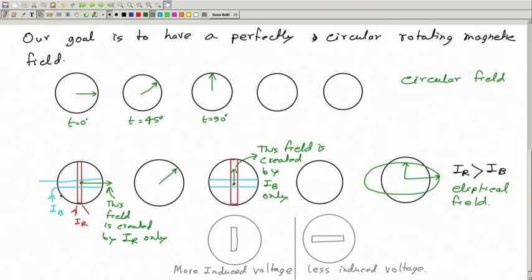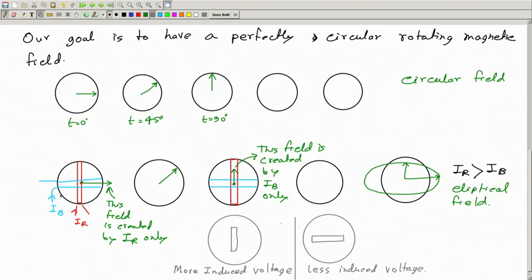The flux of the blue coil is vertical, so it doesn't go through this secondary coil at all. So for this position, the field is created mainly by the red coil.